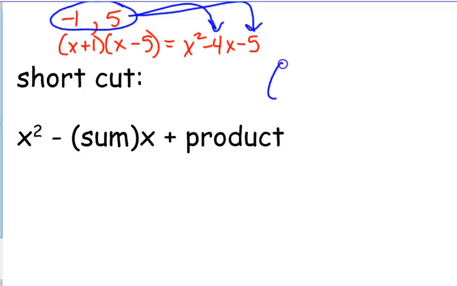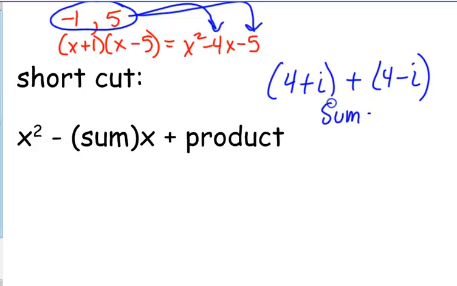But when the numbers were 4 plus i and 4 minus i, what is the sum of those? 4 plus i plus 4 minus i is? We spent a whole day on this. Remember complex numbers? 4 plus i plus 4 minus i is 8. Okay?